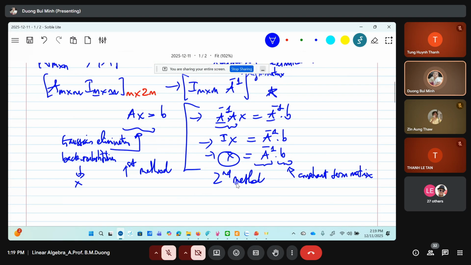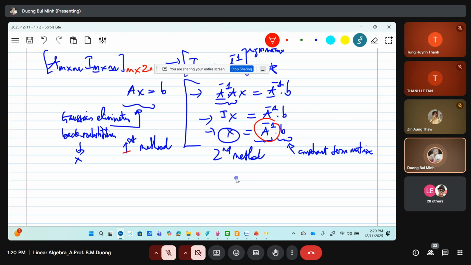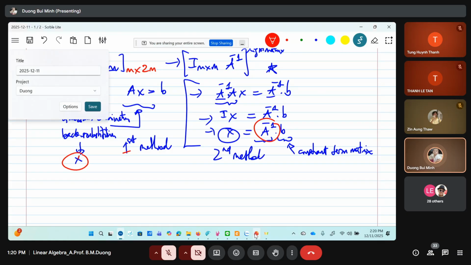It's up to you, it depends on the exam questions. Sometimes I ask you to calculate the inverse of A, and after that we look for the solution, or we just directly apply Gaussian elimination and back substitution to get the solution. It depends on the requirement of the exam questions. Okay, so now we continue.